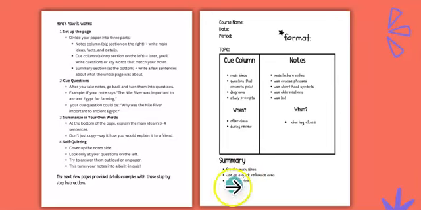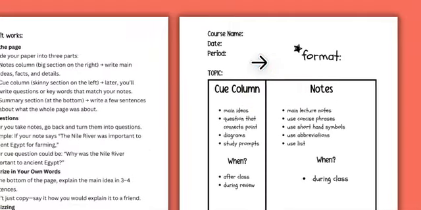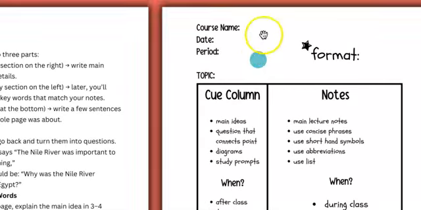Okay, so ultimately this is what it's going to look like. So we're going to start here and we'll go back and forth between the two documents. So just a reminder, because some people do this and some people don't, but always include the course name. Are you in U.S. history? Are you in anatomy? Are you in health? Are you in biology?